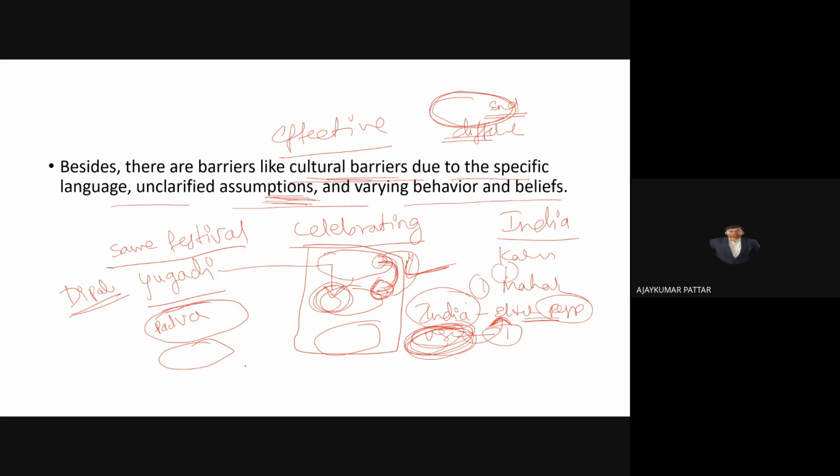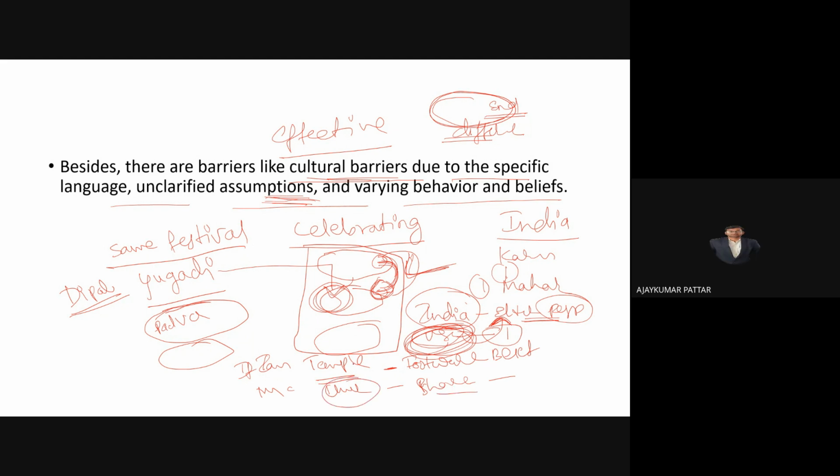For example, if I am going to a temple, I will not use footwear inside the temple because that is my belief. But if my friend, who is Christian, goes to the church, he will wear shoes or chappals in the church also.